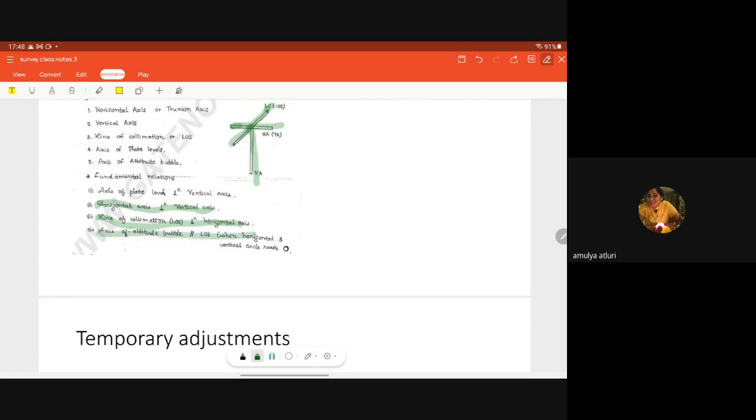The axis of the altitude bubble must be parallel to the line of collimation. Then only we can say that the instrument is perfect.